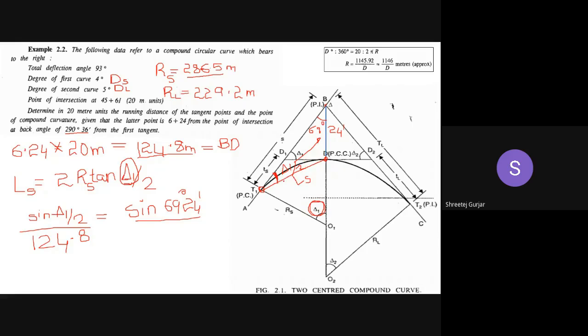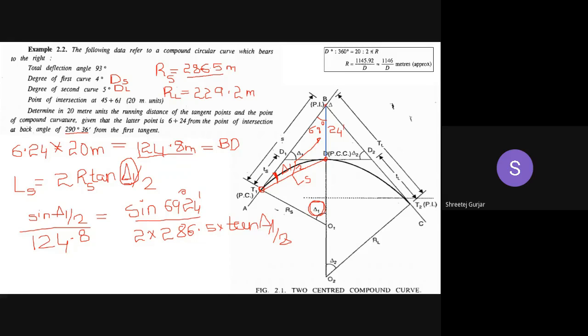LS we do not know, so we will keep it as it is: 2 into RS. What is RS? 286.5 into tan delta 1 by 2. Okay, so I have kept it as it is, no problem.